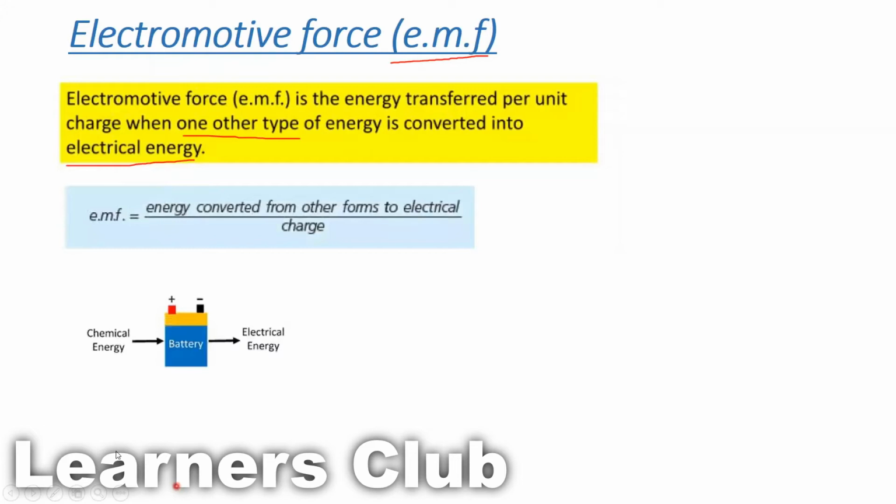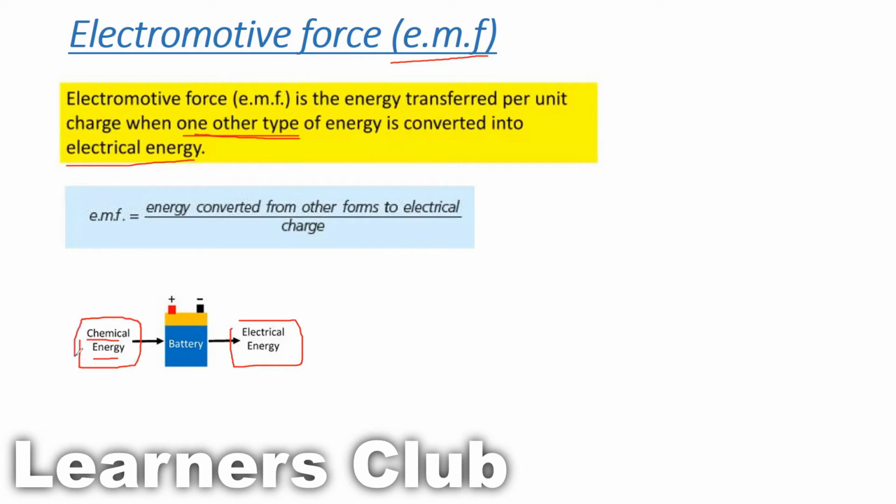a battery. If you take a battery, a charge will pass through the battery to the circuit. In that case, the charge will have electrical energy, which will be converted to electrical energy. So the other form of energy that we consider for a battery is chemical energy.